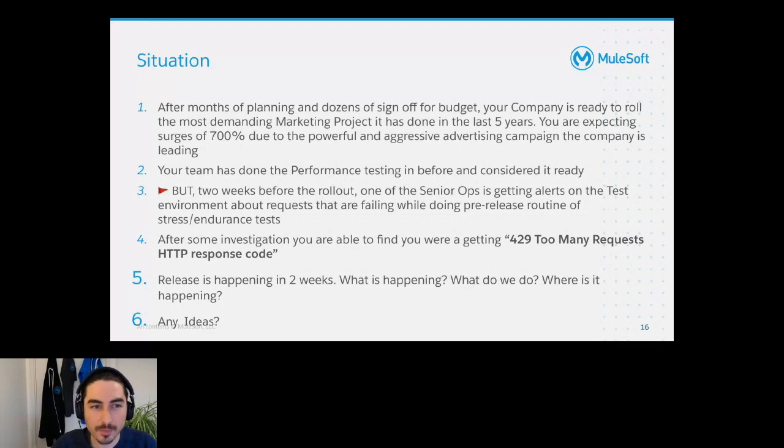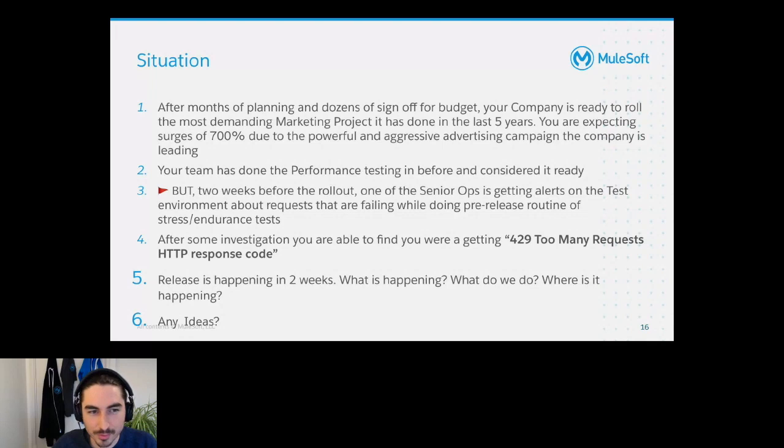And the ops team is actually finding issues that you can see there in point number 4. You are getting 429 too many requests HTTP response code. You did some investigation to actually get that message, and now you're in a predicament. You have 2 weeks. You don't know what is going on.